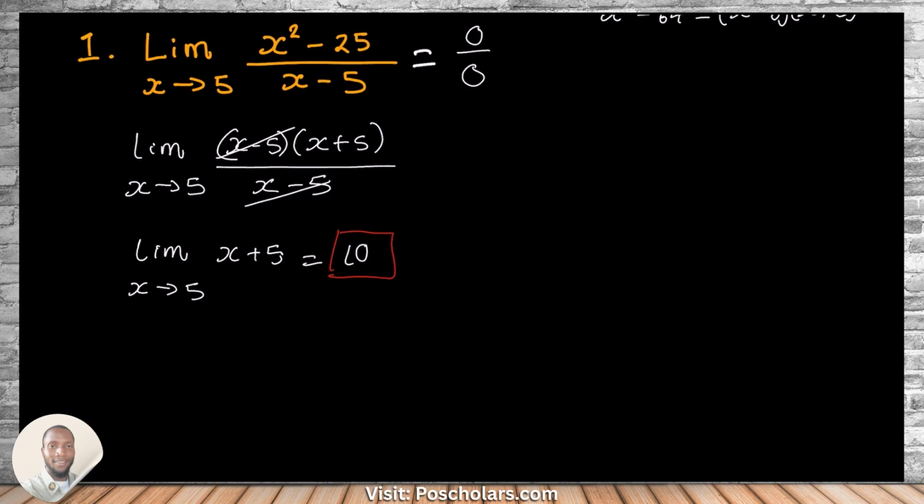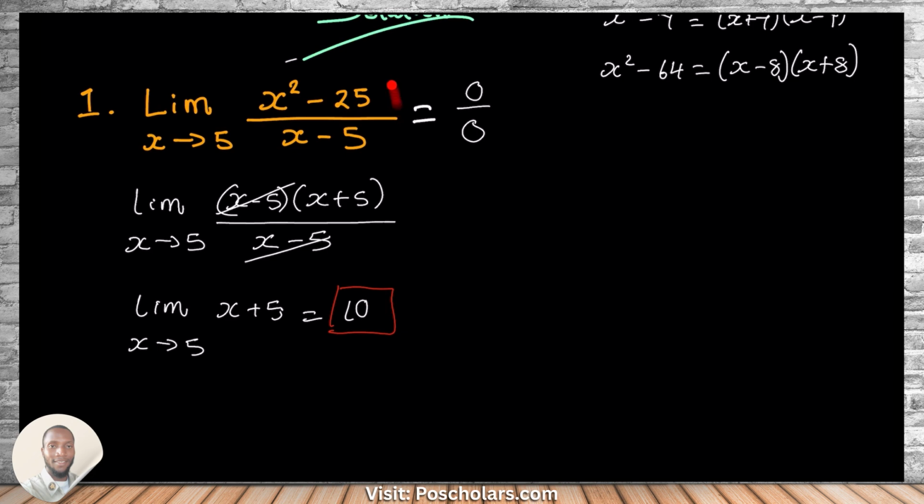It simply means that the value of this function as x gets closer and closer to 5 is equal to 10. But remember, at exactly 5, the function is indeterminate or undefined. But we are only interested in when it's getting closer and closer to 5. So the final answer for question 1 is 10.